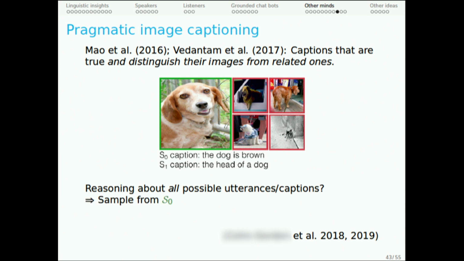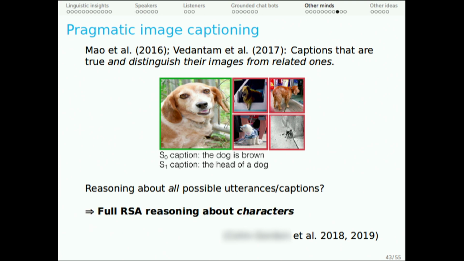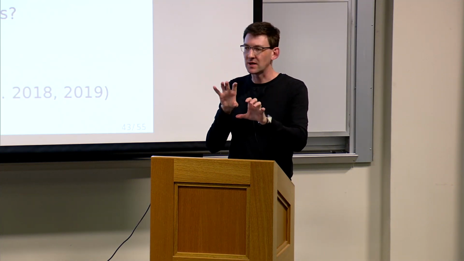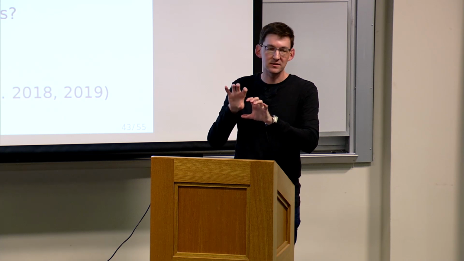And instead of sampling from S0, he applies the RSA reasoning step at the level of individual characters and shows that that leads to better and more informative captions in these contexts than alternative, simpler models. And that's a wonderful instantiation of this intuition that for informative image captions, I should be thinking about the context I'm in and trying to produce a caption that is distinguishing my target from the rest.